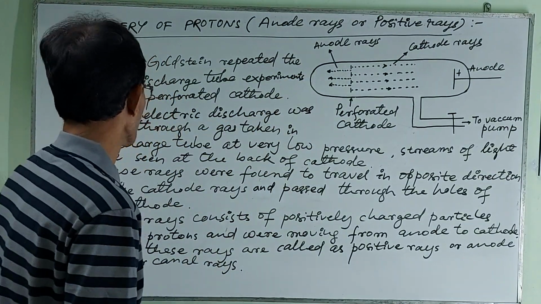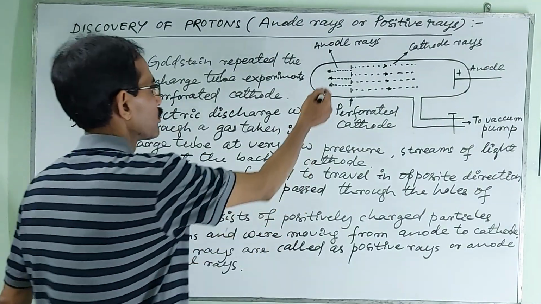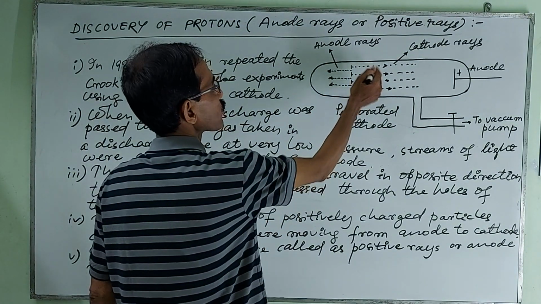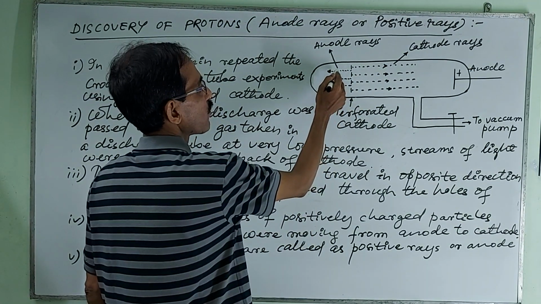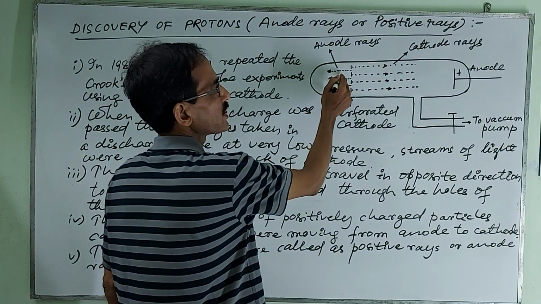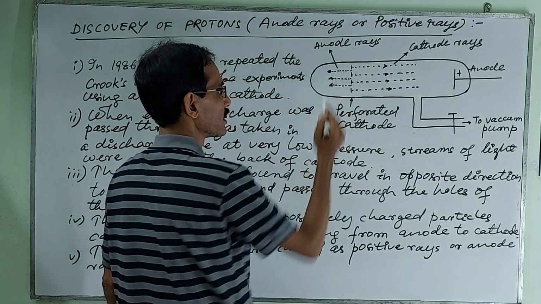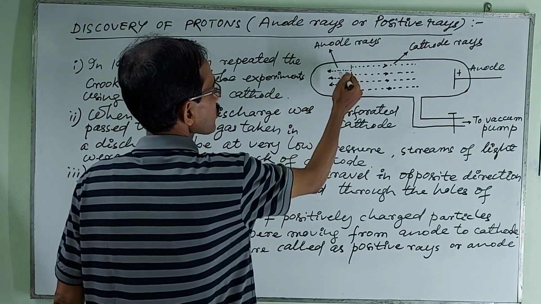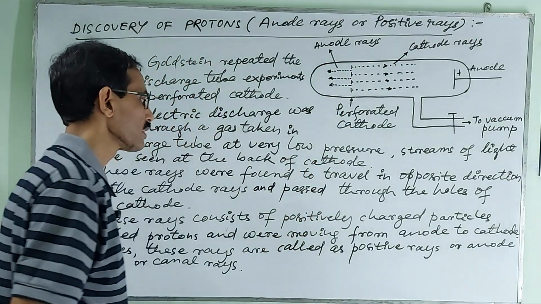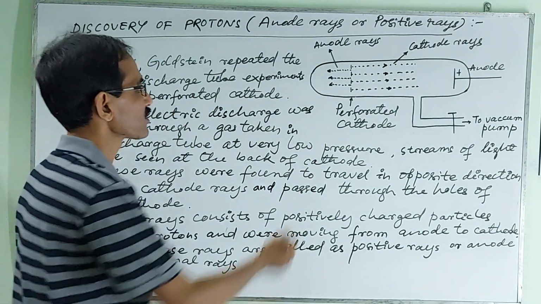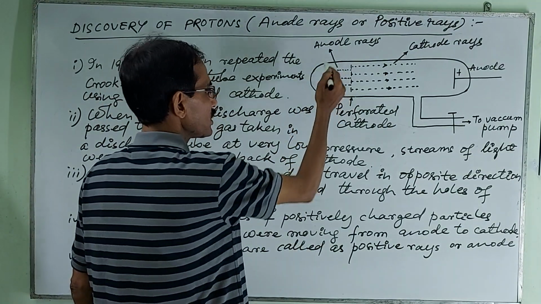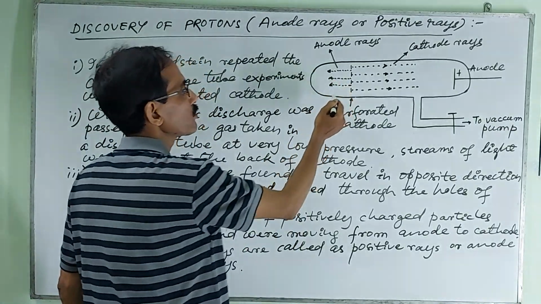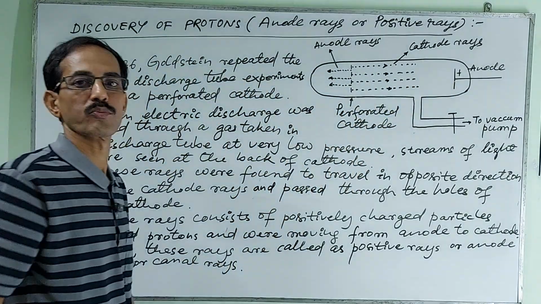These rays were found to travel in opposite direction to that of the cathode rays and pass through the holes of the perforated cathode. These rays consist of positively charged particles called protons, and these rays were moving from anode to cathode.